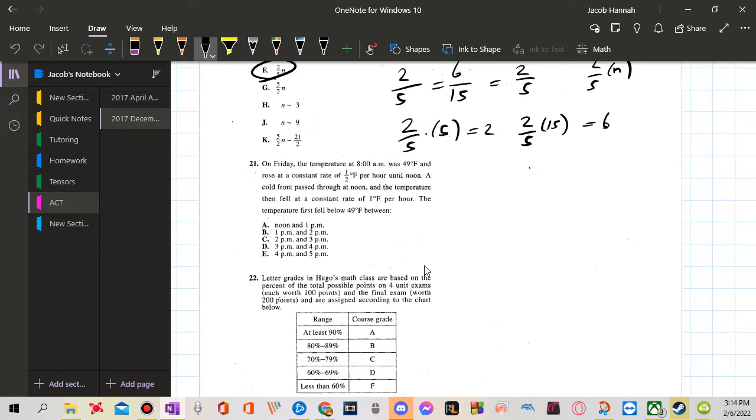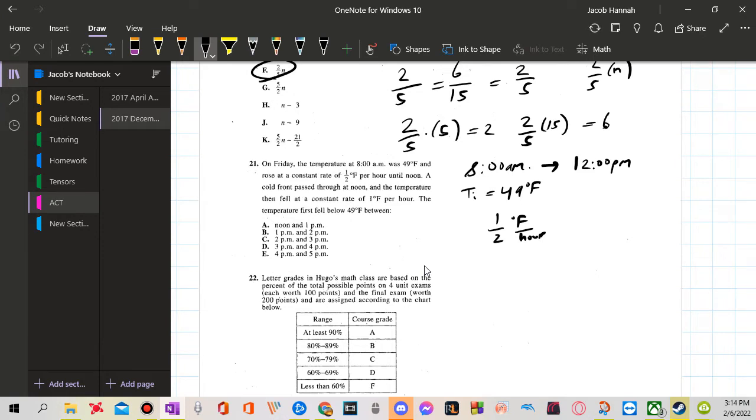Alrighty. So from 8 a.m. till noon. Noon is 12 o'clock p.m. So it was at an initial temperature of 49 degrees Fahrenheit, and it went up at a rate of 1/2 degree per hour.